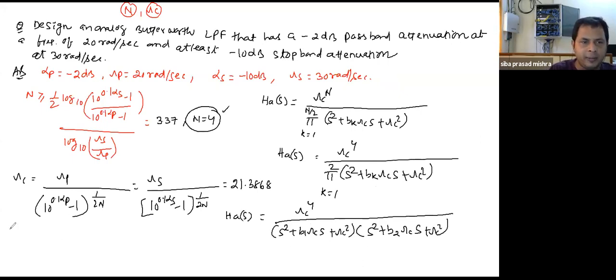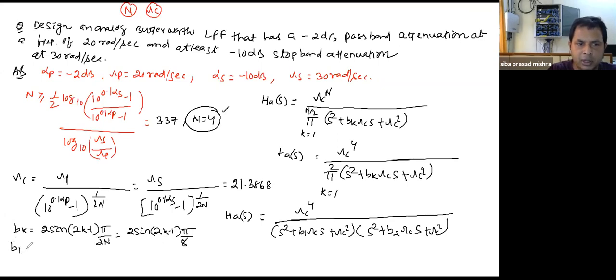Then what is bk? bk is 2 sine of (2k minus 1) pi by 2n. Here n is 4, so 2 sine of (2k minus 1) pi by 8.